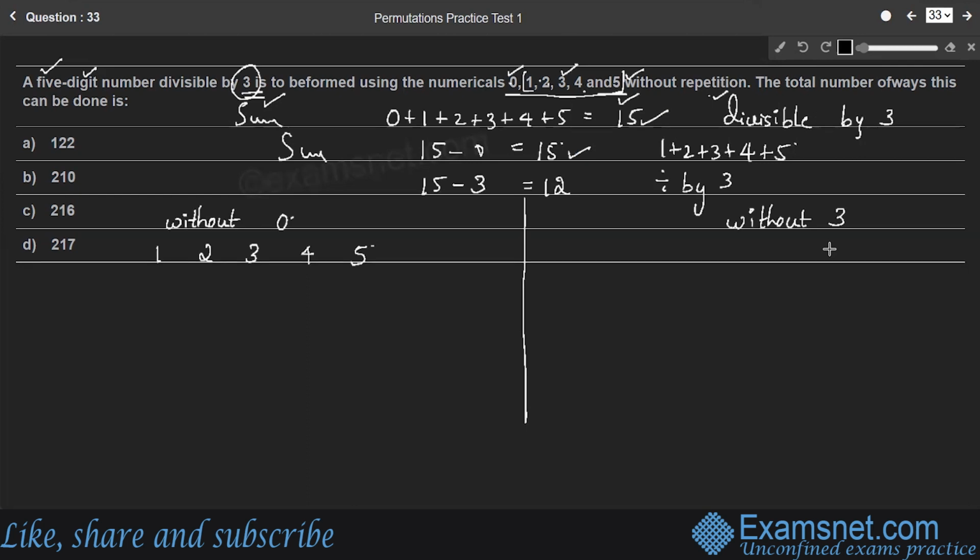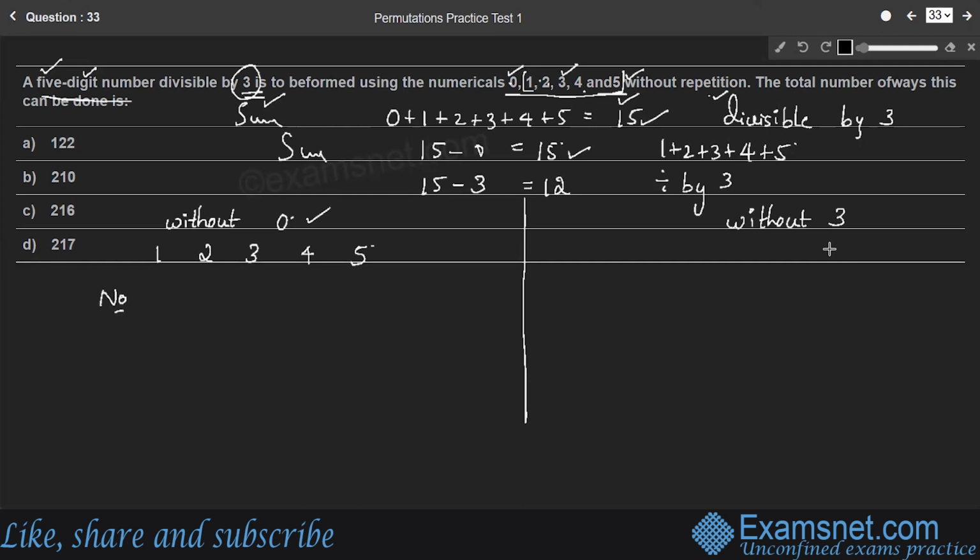In any way, if you arrange these 5 numbers to form a 5-digit number, their sum will be equal to 15, which is divisible by 3. So without 0, in how many ways can these 5 digits be arranged?